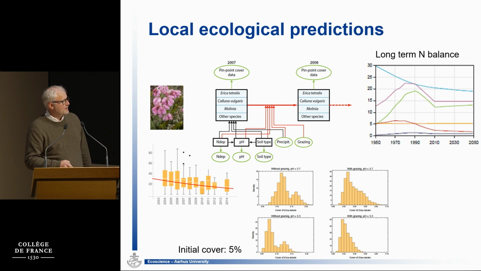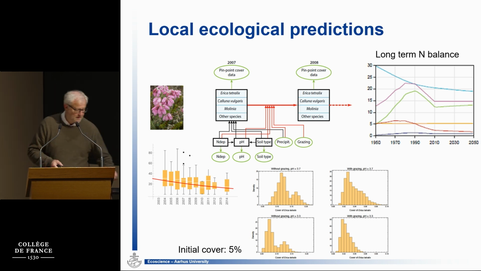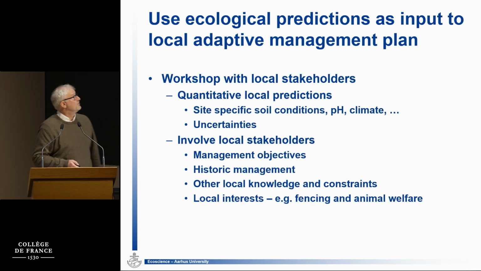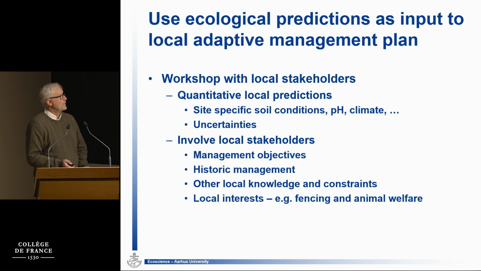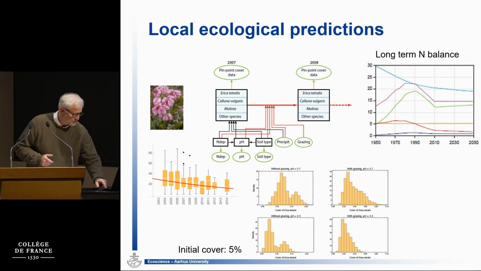So then the hope is, and we have a project now where we are trying to initiate that, we'll have a workshop with local stakeholders where we'll present such quantitative local predictions. I may just go back. No, go back.